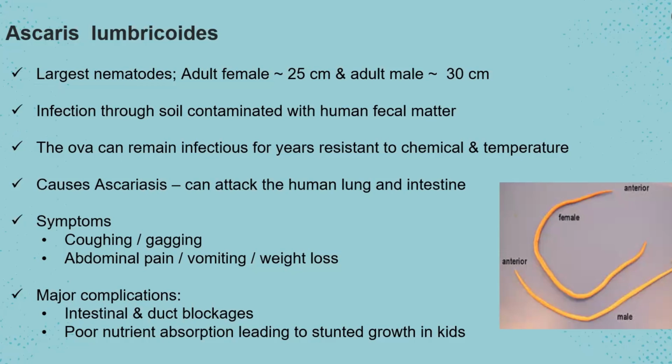The ova can remain infectious for years, resistant to chemicals and temperature. It causes ascariasis and can attack the human lung and intestine. The symptoms are coughing, gagging, abdominal pain, vomiting, and weight loss. Major complications are intestinal and duct blockage, and poor nutrient absorption leading to stunted growth in kids.